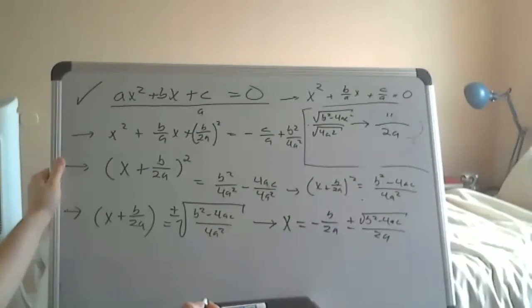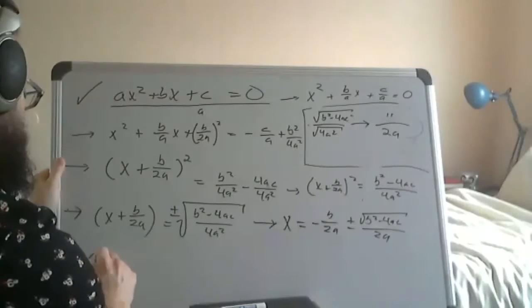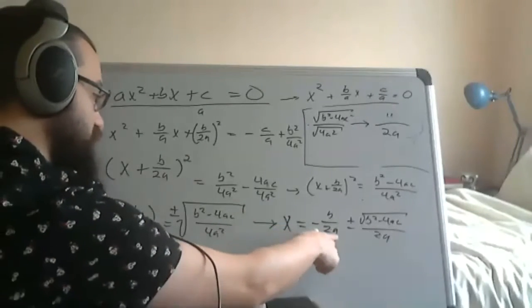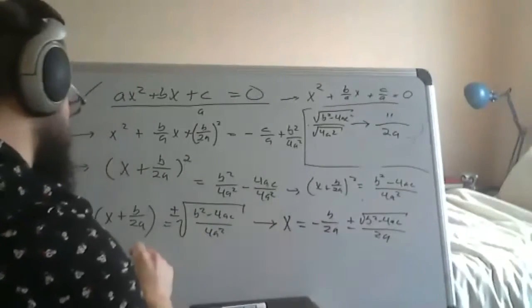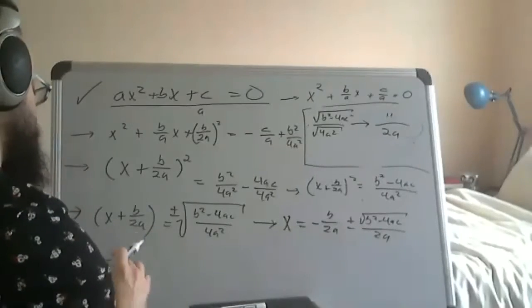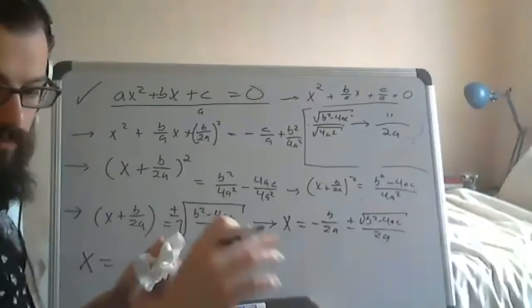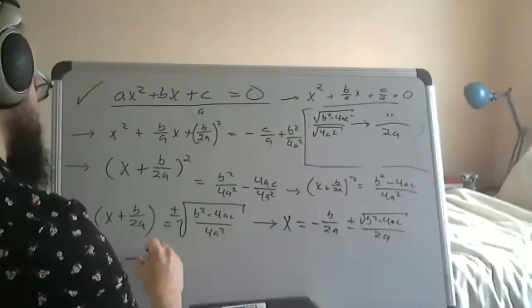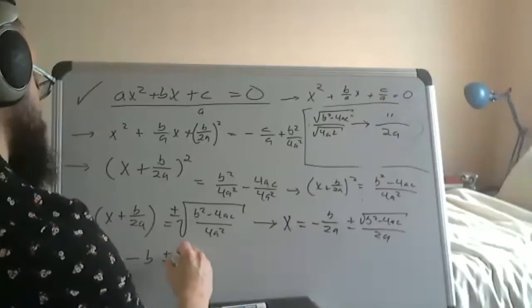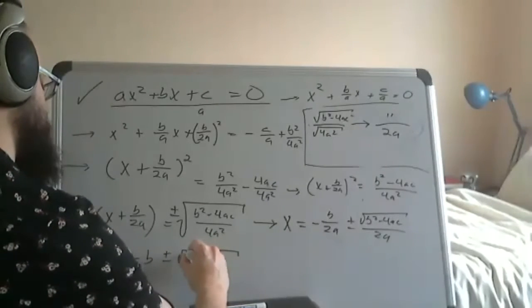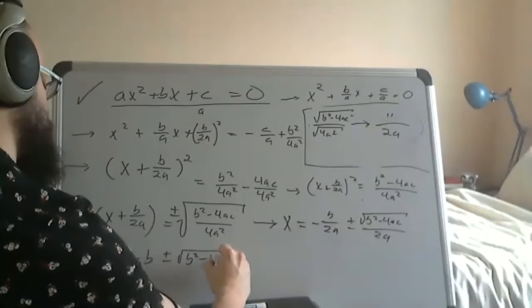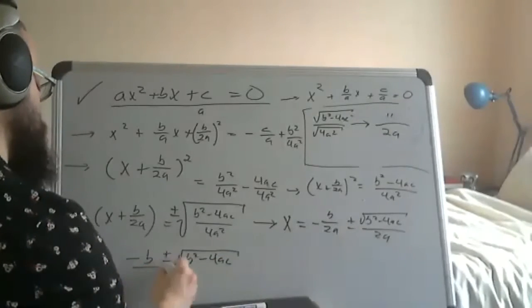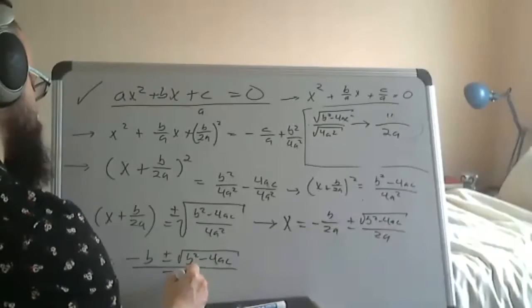And last but not least, combining, now we have a common denominator. Here it is. You're going to want to memorize this. We have negative b plus or minus the square root of b squared minus 4ac all over 2a.